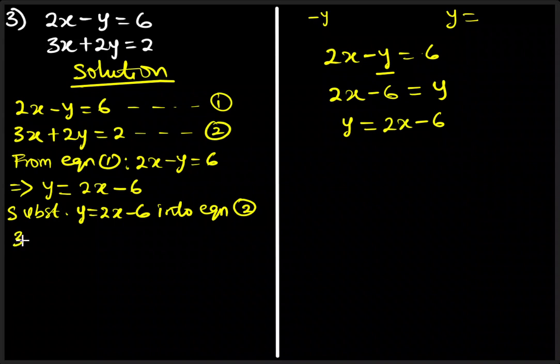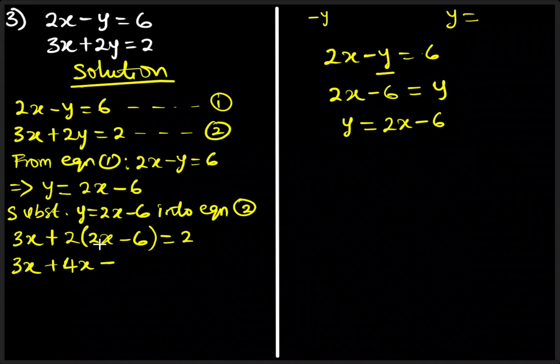That will give us 3x plus 2, and instead of y we'll have 2x minus 6, equal to 2. That gives 3x plus 2 times 2x, which is 4x, then minus 2 times 6, which gives 12, equal to 2.